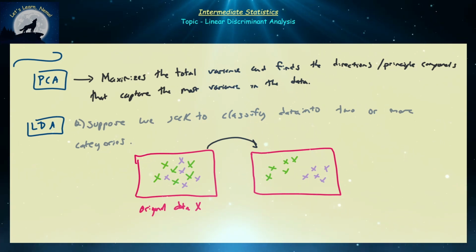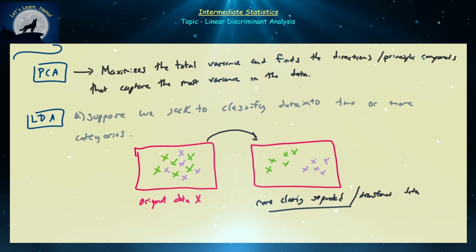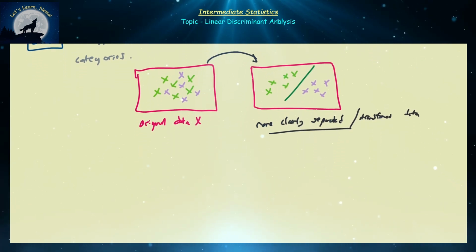So this would be the more clearly separated, transformed data. It's going to try to maximize that separability, and in some sense find some way to linearly divide these particular regions. Okay, so let's formally state what the goal of linear discriminant analysis is.